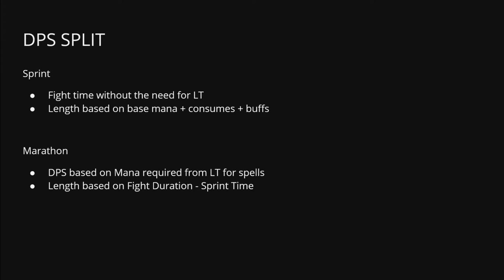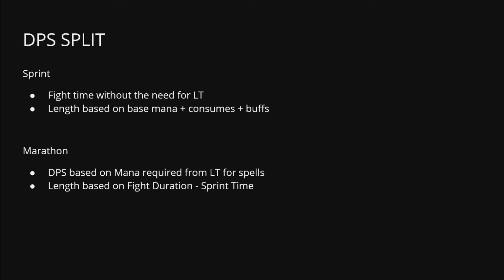MP5 is also included in this. So what is the time then you spend in marathon, or rather how is DPS in marathon calculated? That is based on the cast time that is needed for the mana from life tap.